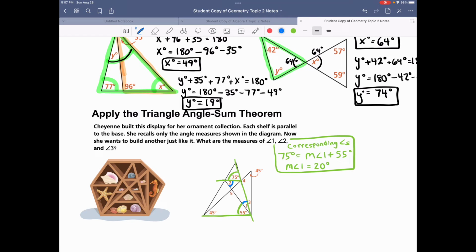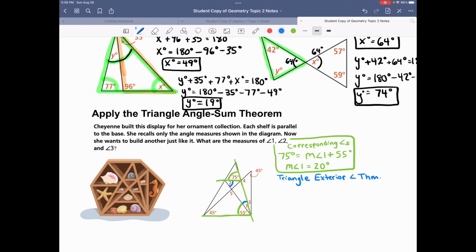And why is that? By the exterior angle theorem.